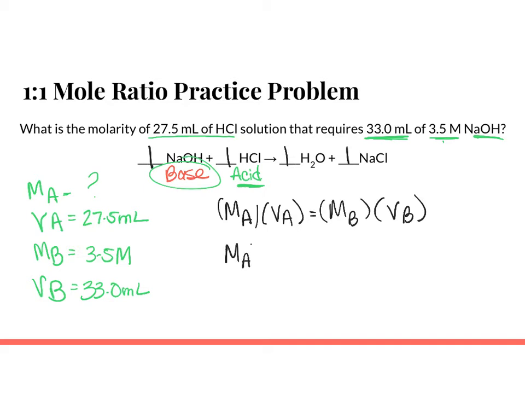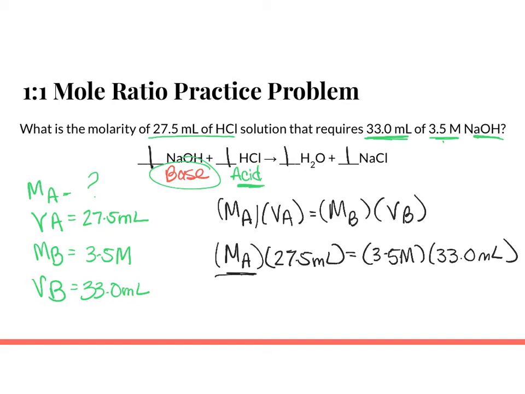I don't know Ma, so I'm going to leave it alone. This is 27.5 milliliters, 3.5 molar, and 33 milliliters. Now I want to rearrange so Ma is by itself. So I'm going to divide both sides by 27.5 milliliters.